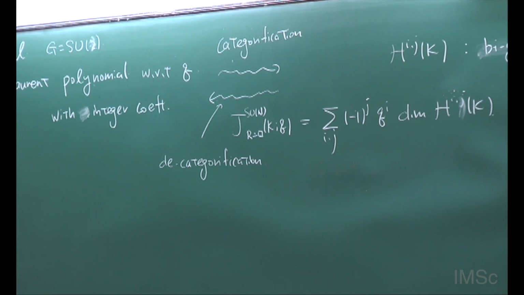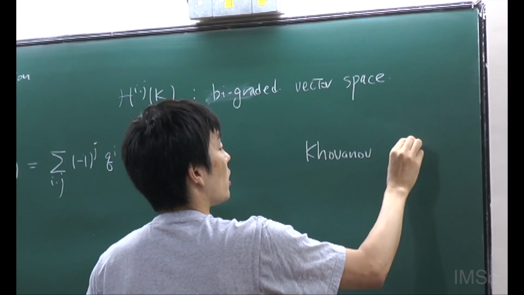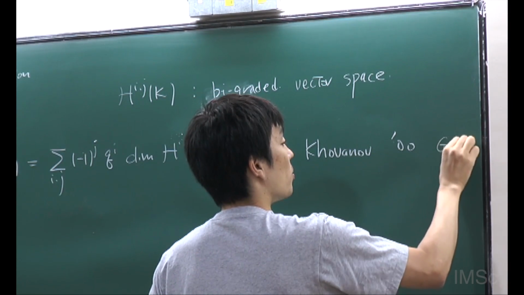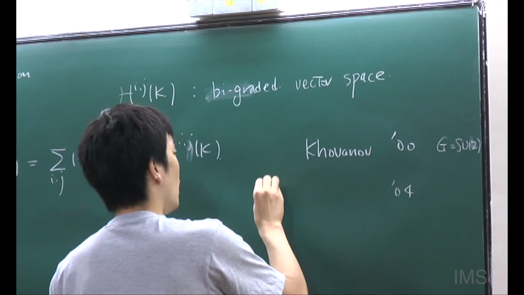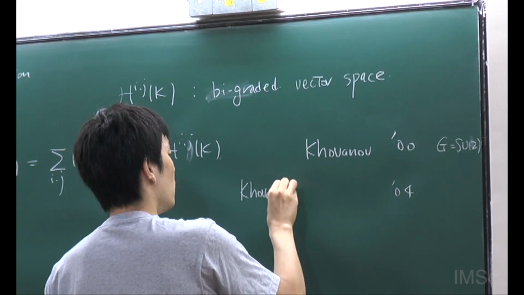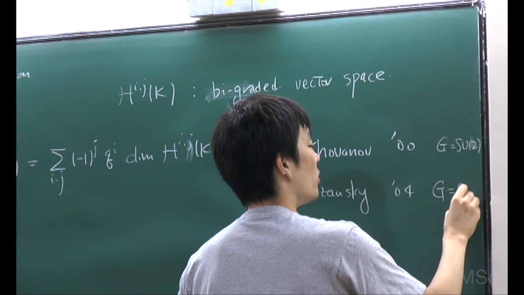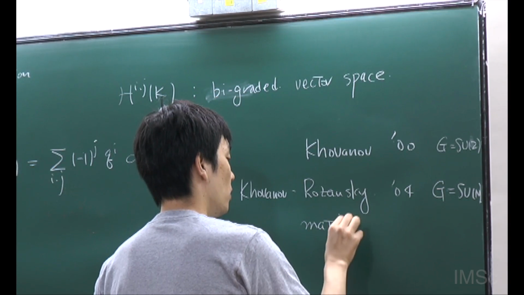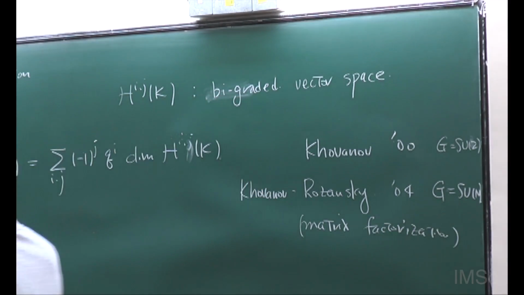This is work by Khovanov around 2000, on the SU(2) case first. Later, in '04, Khovanov and Rozansky defined the SU(N) case by using so-called matrix factorization, which I'm going to explain in these lectures.